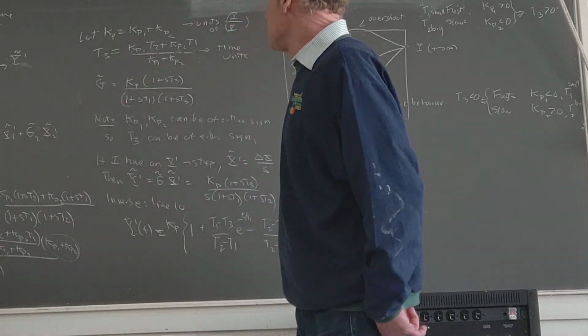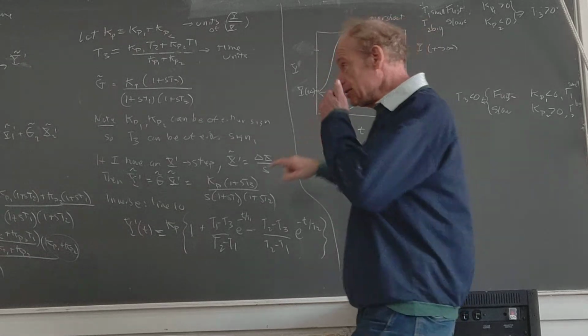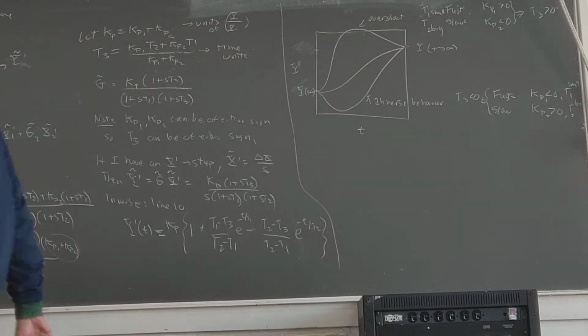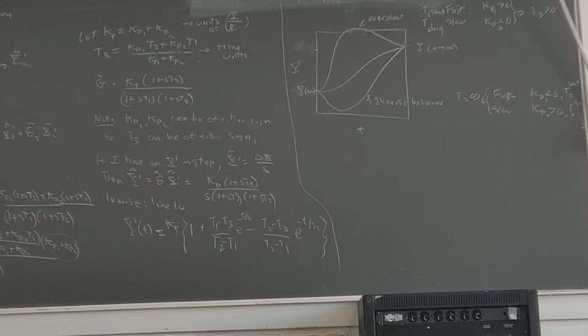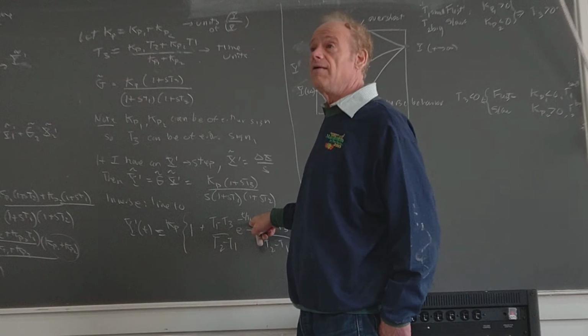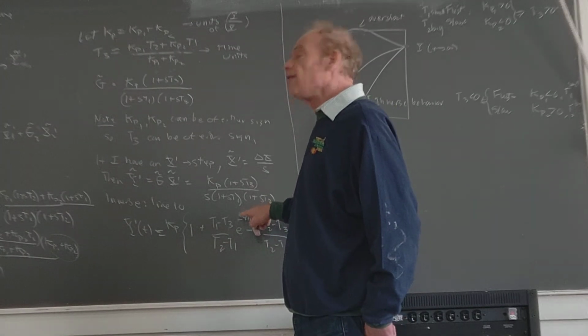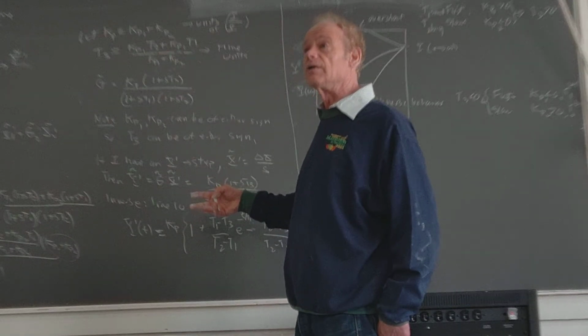Here, I can't just draw on the figure what T3 is, whereas I can easily draw on the figure what T1 is. What I can't do is T3, because T3 is not entering into the exponent. When it enters into something that has time dependence, I can tell you what it's doing.